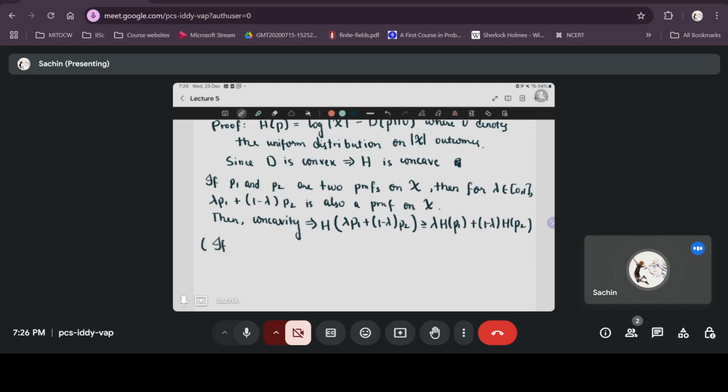In words, you can say if we mix two distributions with equal entropy, the entropy of the mixture cannot reduce.